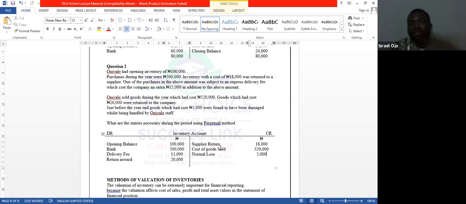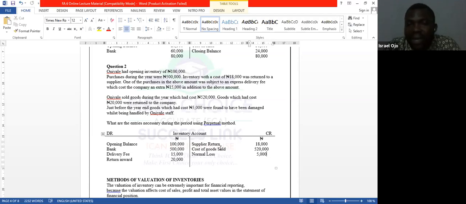The second leg will go to our suppliers return account. That is the amount that we are going to use to reduce our sales. So the other one that we have there is return inward, which is 20,000.